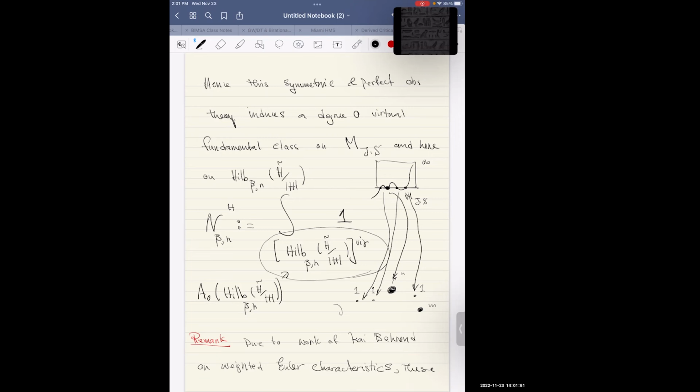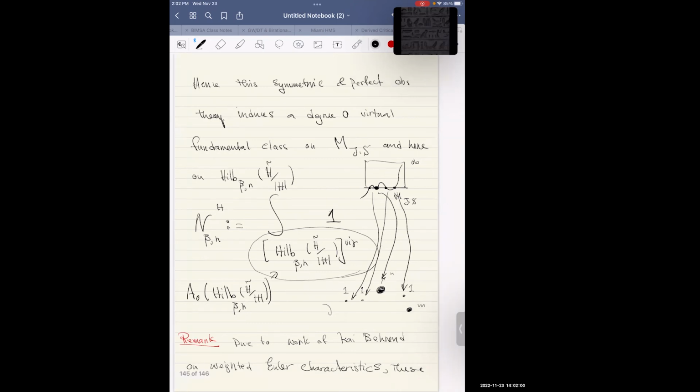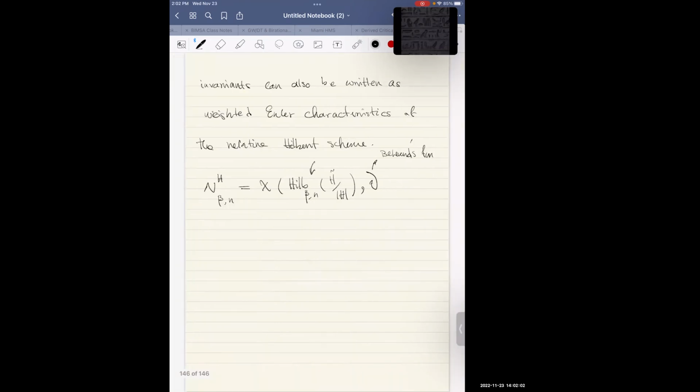Okay, that's what we are doing here. So if you count these with multiplicity, that is the counting invariant. Okay, so this is the constructible function on the relative Hilbert scheme, on this moduli space.